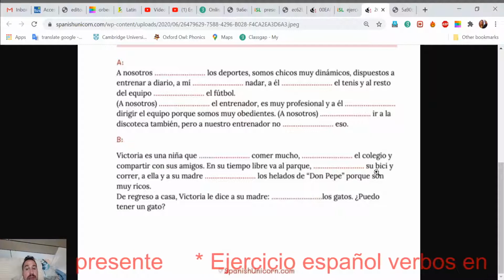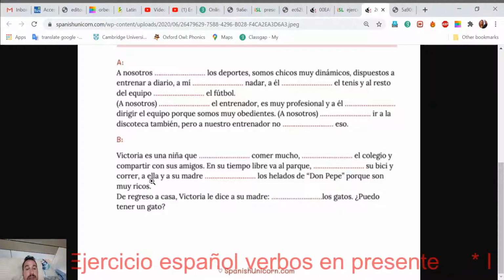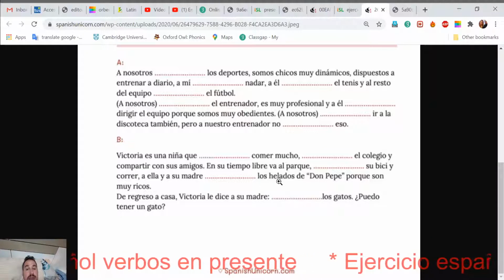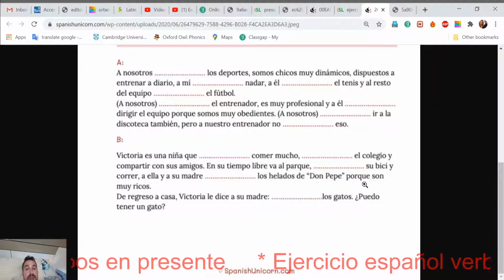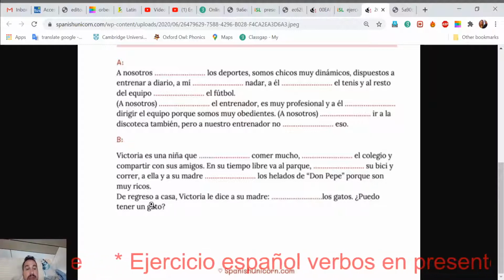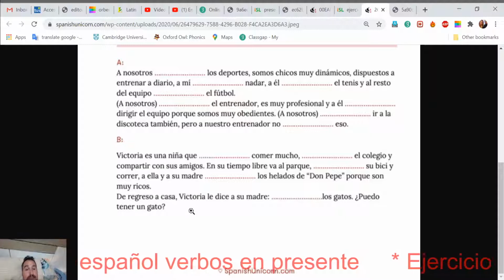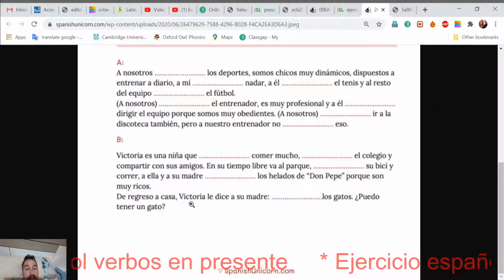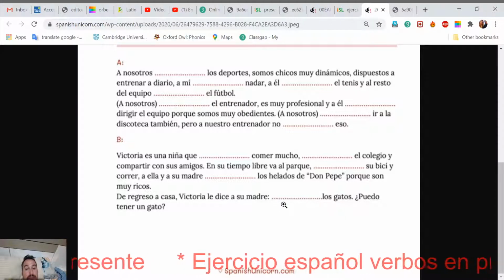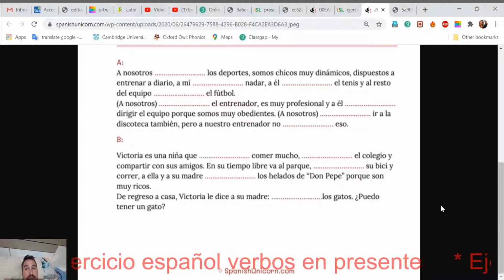She likes her bike and running, and her mother and she like Don Pepe's ice cream because they are very yummy. Coming back towards home, Victoria tells her mother, I like cats. Can I have a cat? Okay.